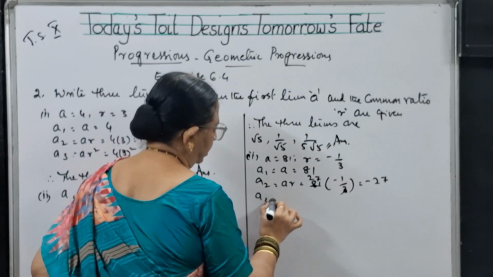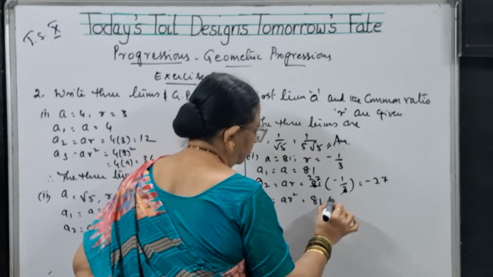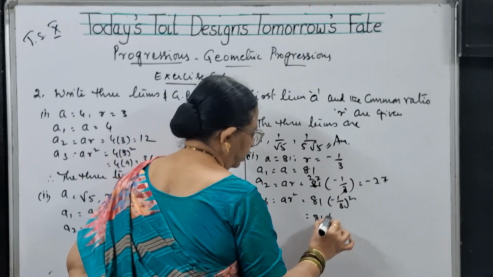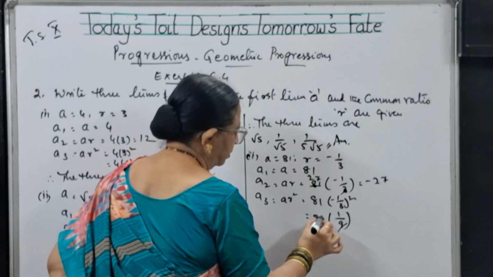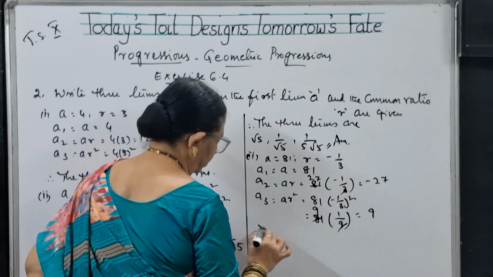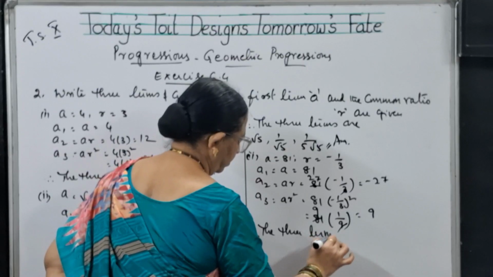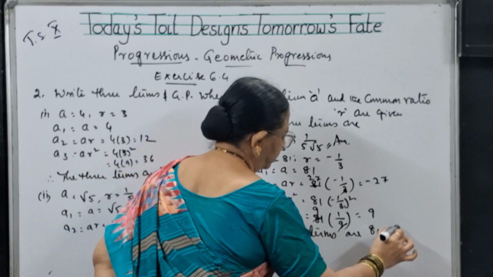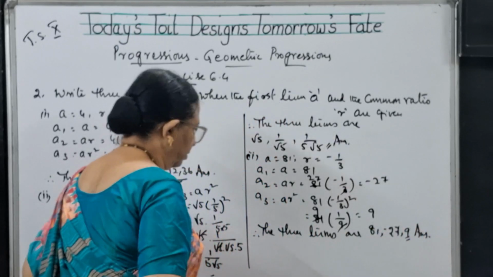And A3 is A R square, that is 81 into minus 1 by 3 whole square, that is 81 into 1 by 9. 9 nines are 81, that is 9. Therefore, the three terms are 81, minus 27, 9. These are the answers, children.